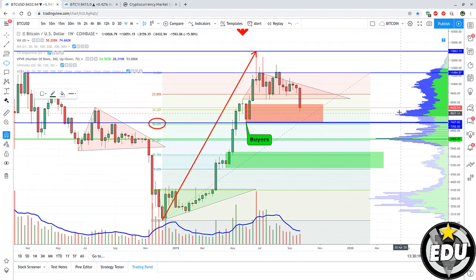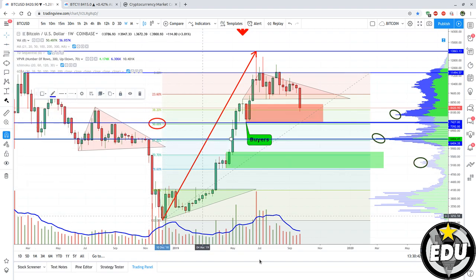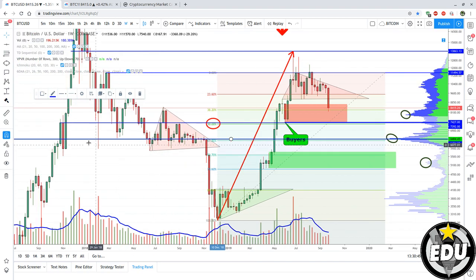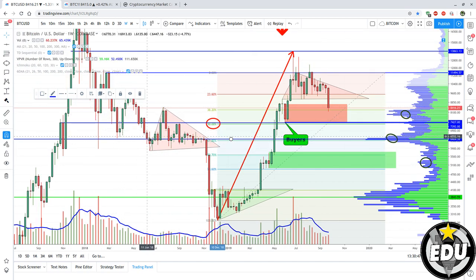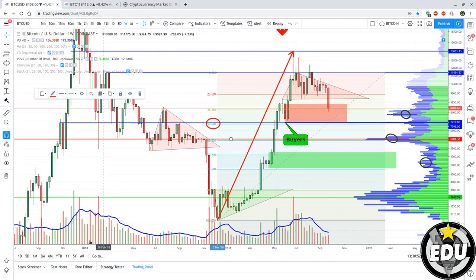In fact, if we trace every single high volume node of this indicator, these will tell us pretty much what the possible support might be. We have one at 6.4. Why 6.4? Well, 6.4 is the massive 2018 support, right? Price bounced on that support for so long, from about January to November, almost a year.